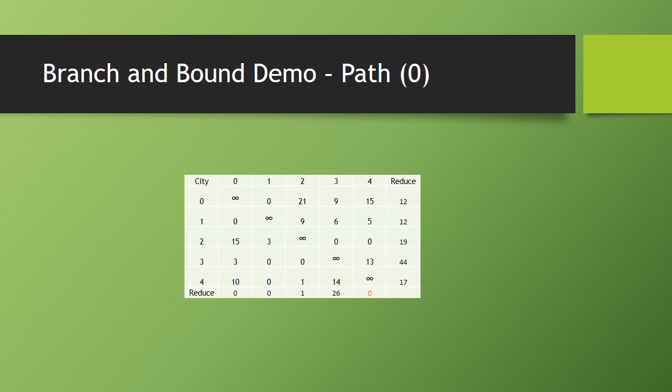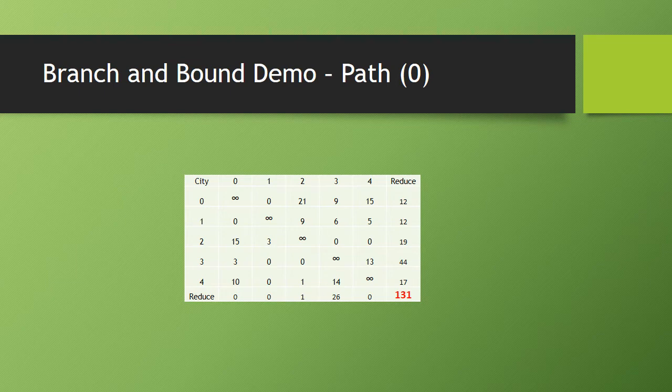So to get our lower bound estimate coming from city 0, we add up all of these reduction values to the right and then along the bottom. So we take 12 plus 12 plus 19 plus 44 plus 17. And then for the columns, we take 1 plus 26.